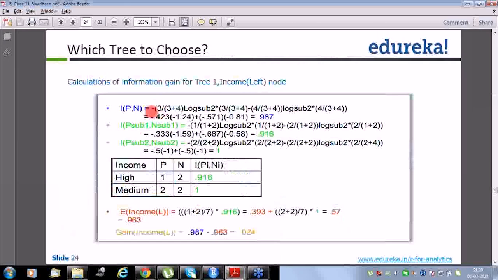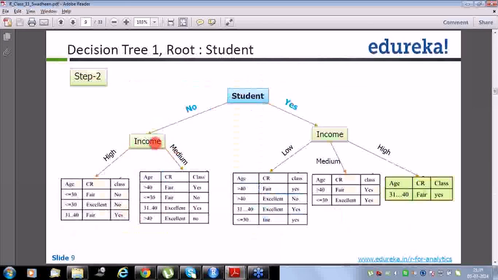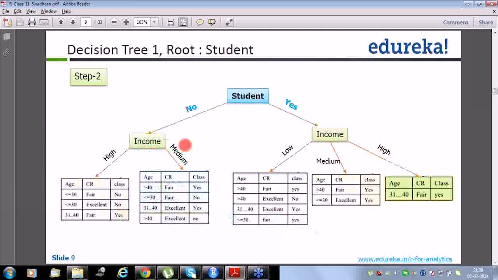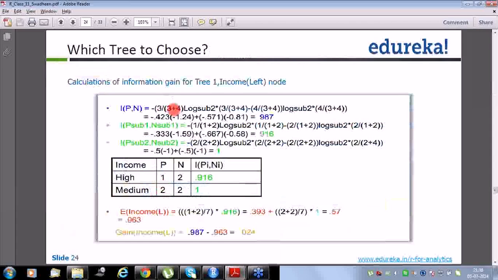So IPN at this node. First it decided that student would be the root node. Then at this point it tries to figure out whether income would be the root node or age would be the root node or CR would be the root node. So it's taking income at a time and calculating the IPN. Minus 3 upon 3 plus 4.